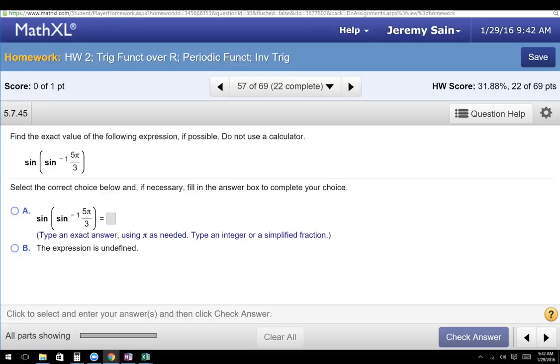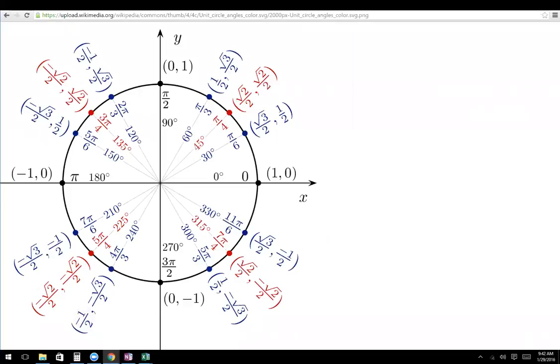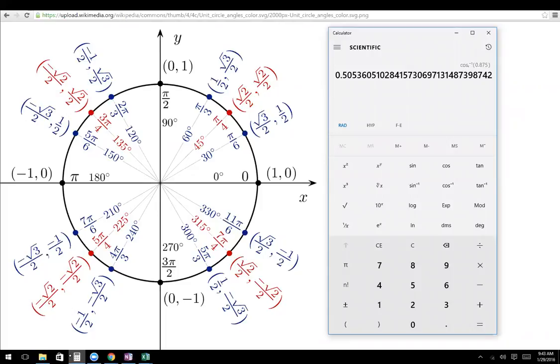Let's look at our picture. Where is the y coordinate equal to 5 pi over 3? Okay, how big is 5 pi over 3 roughly, like as a number? 5 times pi divided by 3. 5.23.